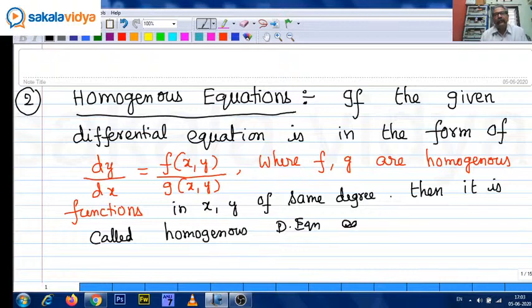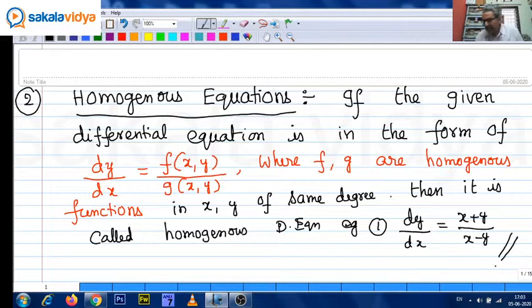Example, we can write dy by dx equals x plus y by x minus y. This is one of the examples for homogeneous differential equations. Understood now? How to solve, I will explain here while solving the problems.